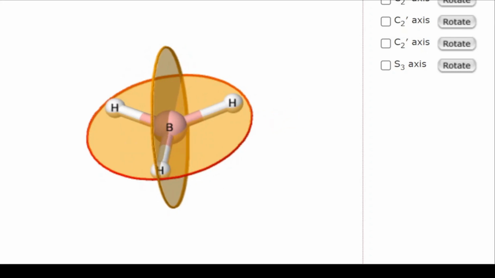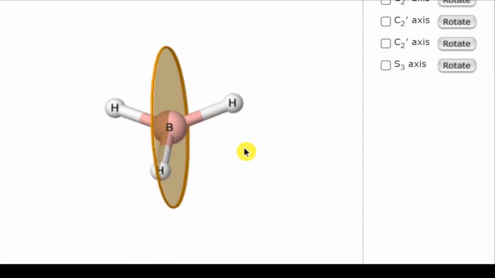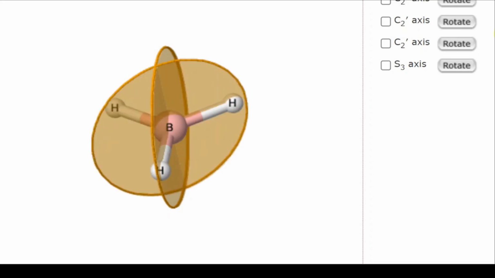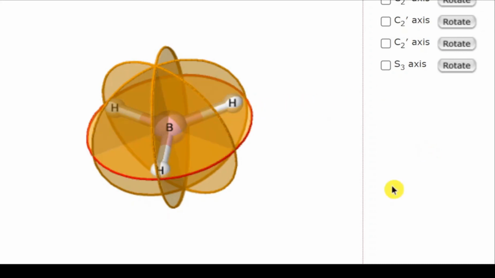Now you see that 2 hydrogen atoms are away from the plane, and that gets exchanged when I do the reflection. In ammonia, since the molecule is pyramidal, the molecule contains only 3 planes; here we have 4 planes, and the 3 planes are vertical planes, one is a horizontal plane.